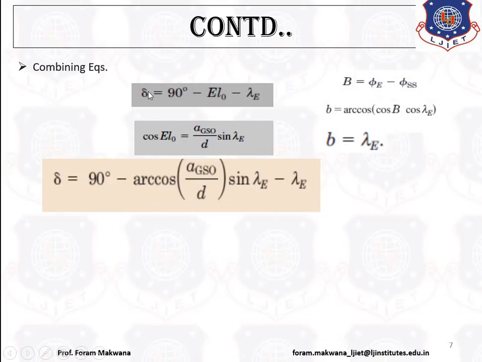So by combining these two equations, delta is equal to 90 minus EL0, that is cos inverse of A GSO upon d into sin lambda E, minus lambda E as it is. This is the equation to calculate the angle of tilt.